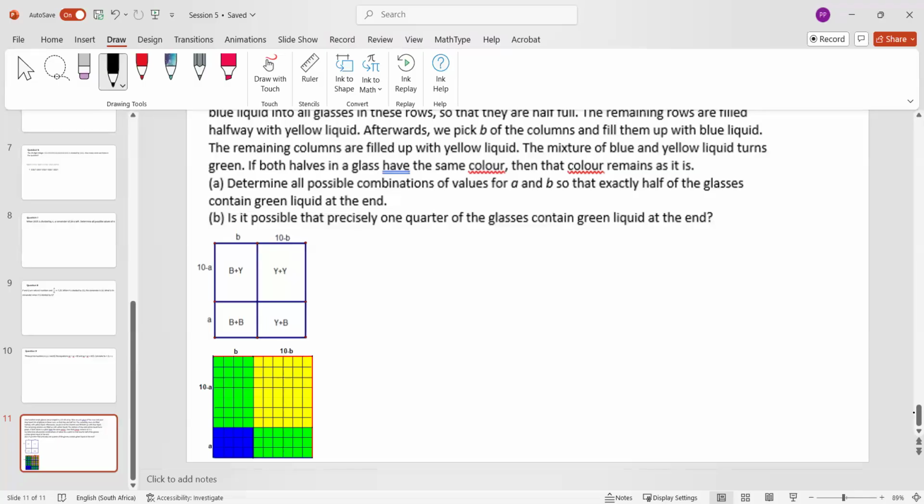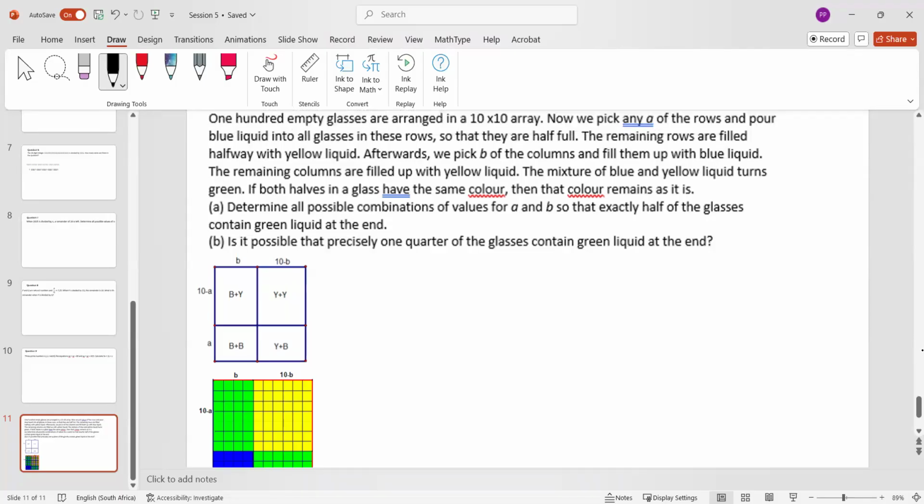Don't worry about the colors or anything else. Just imagine a blank 10 by 10 grid like this, a funny looking chessboard with 100 squares in it, 10 by 10.